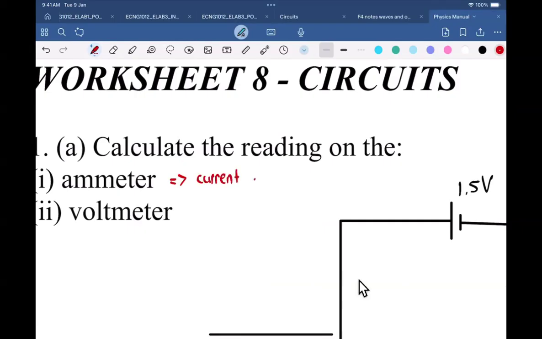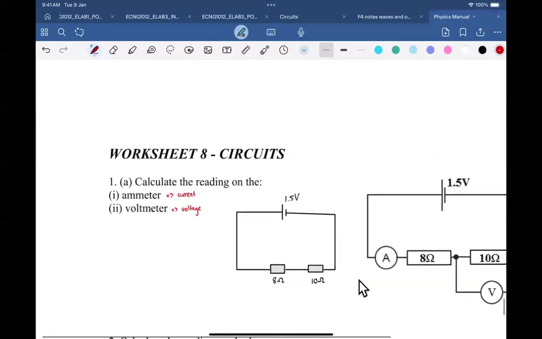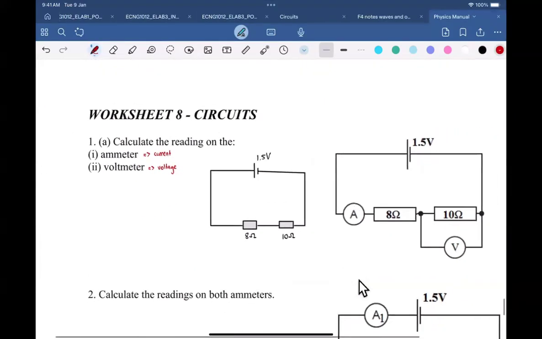And current is something that flows through a circuit. And the voltmeter measures what? The voltage. And voltage refers to the difference between 2 points, the potential difference. Right. So let me understand what's going on here.